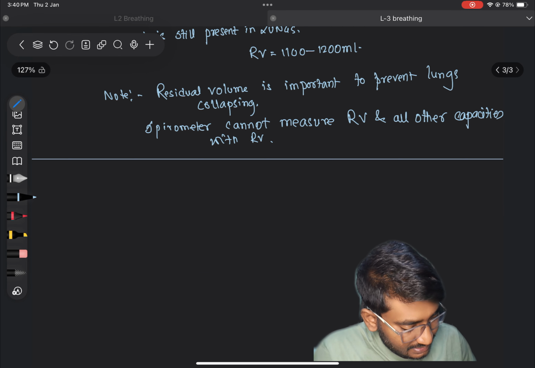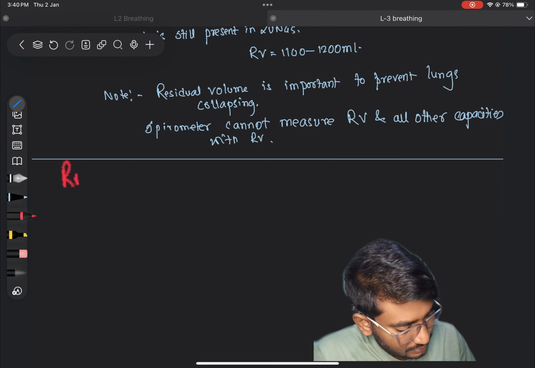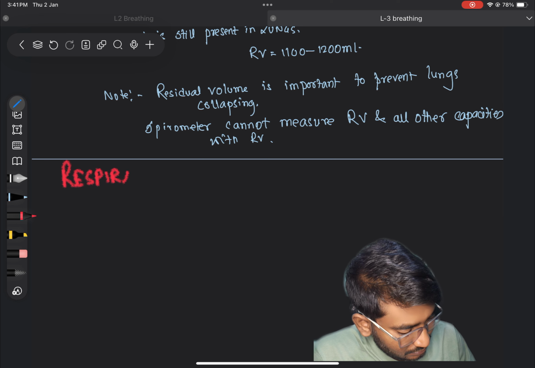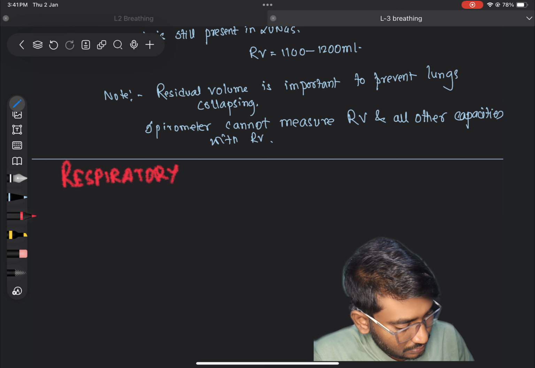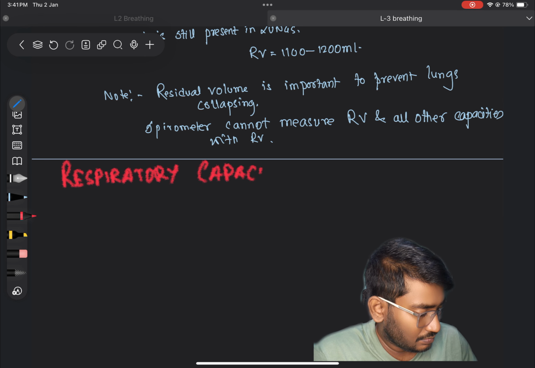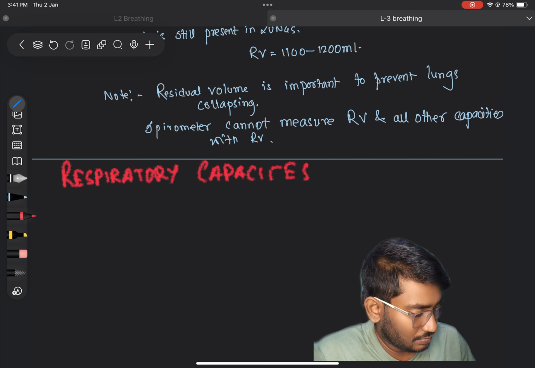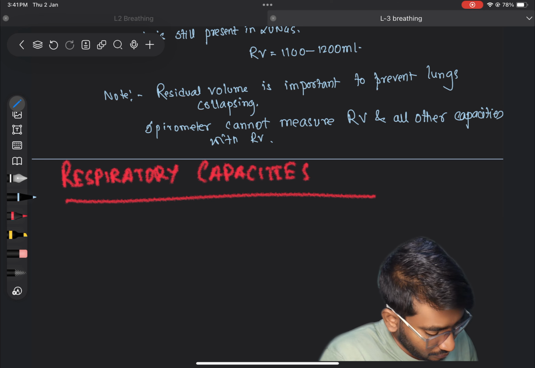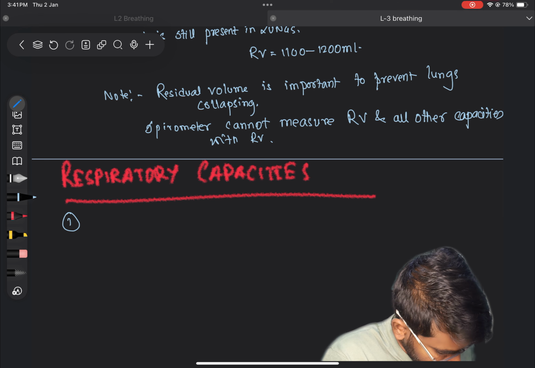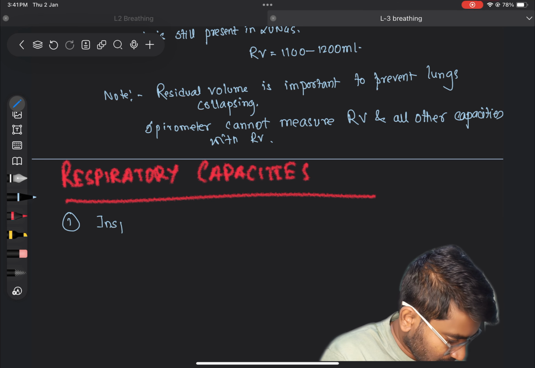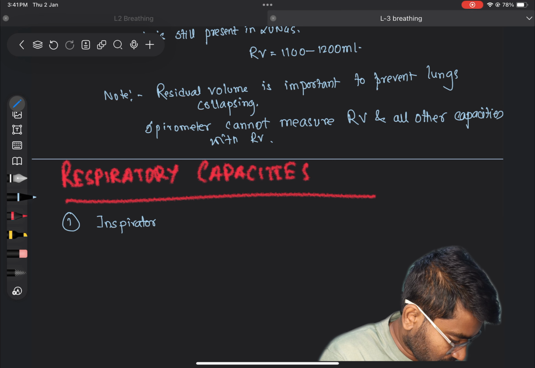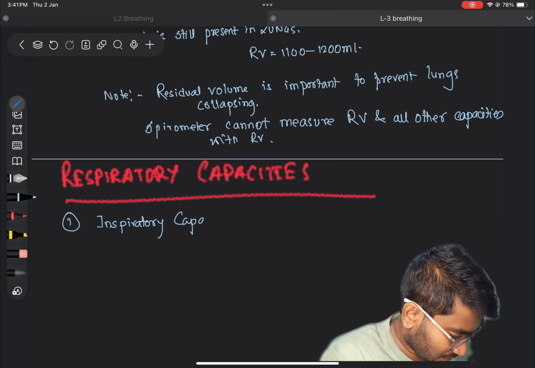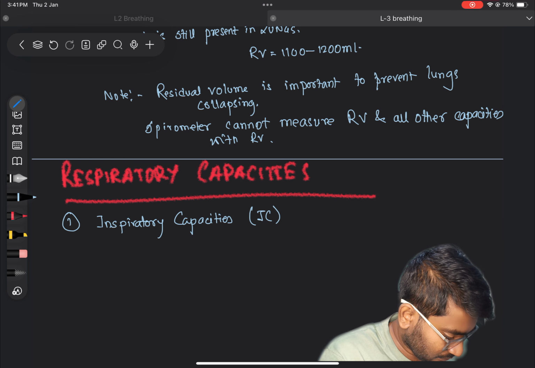Now we come to the respiratory capacities. What are the respiratory capacities? The first one is inspiratory capacity, IC.